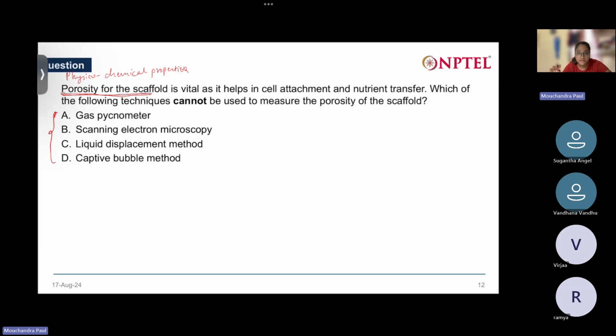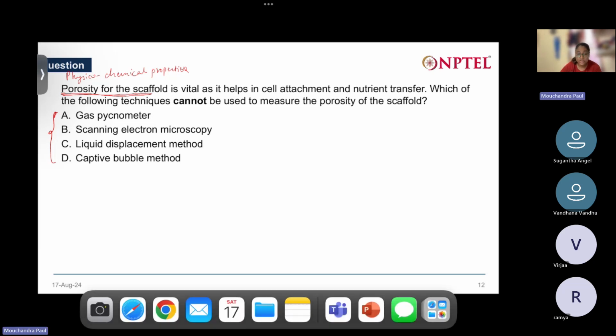Usually, the dark surfaces are considered to be troughs or void spaces because light cannot pass through that depth. So that is why the void spaces come up as a darkened region. So SEM can also help in measuring the porosity.